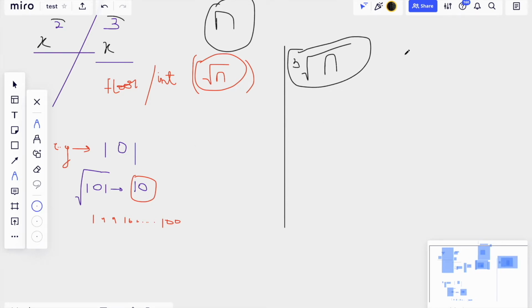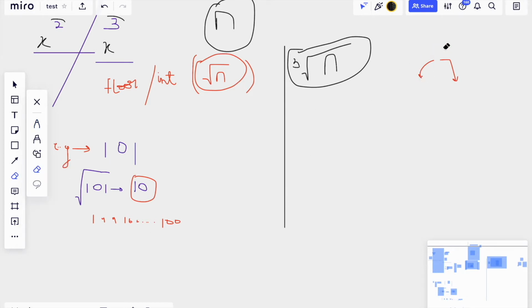Suppose there is a number, take 64. I can write 64 in two ways. It can be written as 8 square, or it can be written as 4 cube. So if I directly add this to the answer, then duplicate cases will definitely arise because they are the same number.